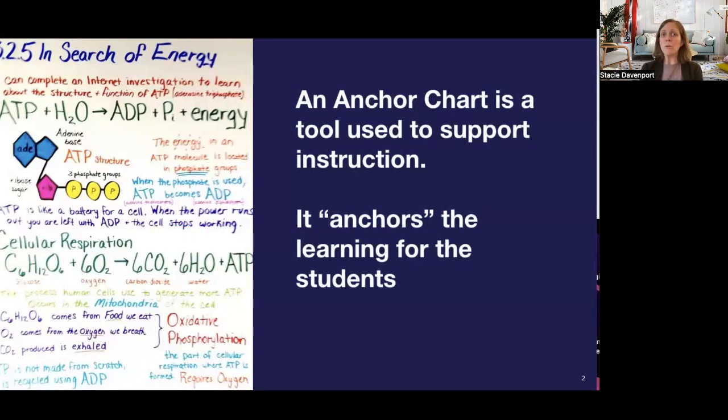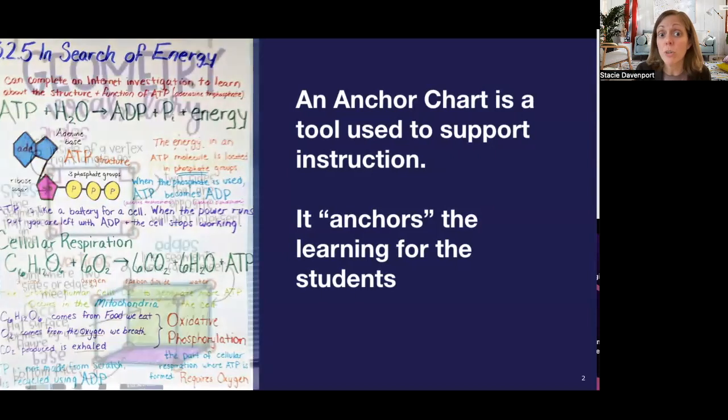I'm not sure about your district, but in my district, kids don't have homework anymore, and kids don't bring paper with them to school. And the other thing is, they don't write notes and they don't go back and look at their notes. So if you talk about something that they learned yesterday, what is going to help them remember that? It's going to be the anchor chart that you have on your wall.